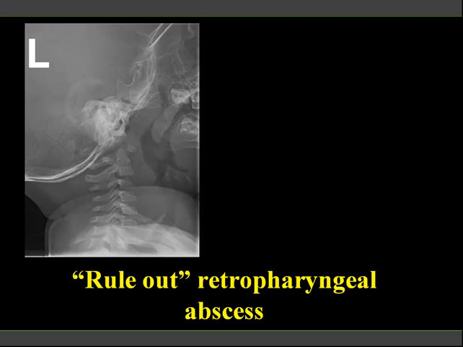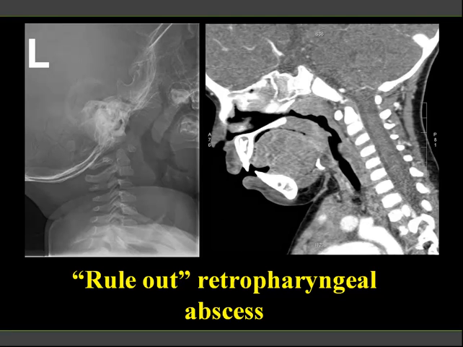This is a radiograph to look for a croup, and the emergency radiologist, being not familiar with pediatric images, called prevertebral soft tissue swelling. The CT was done, and in fact, it was found out to be completely normal. And we know that pediatric radiologists are all familiar with the pliability of the pediatric airway and the expiratory status that can buckle the airway away from the spine in a normal child.